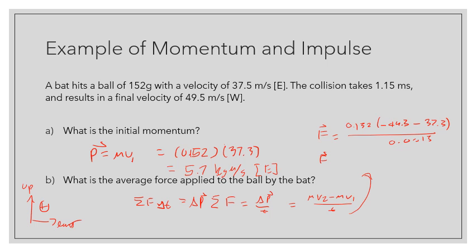So force is equal to negative 11.499 newtons. So that's also equal to negative 1.15 times 10 to the 4 newtons east, or 1.15 times 10 to the 4 newtons west. So that is the force applied to the ball by the bat.